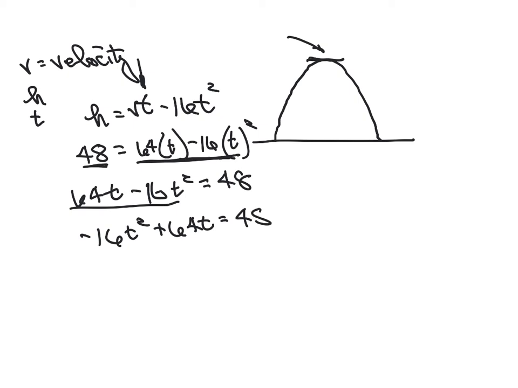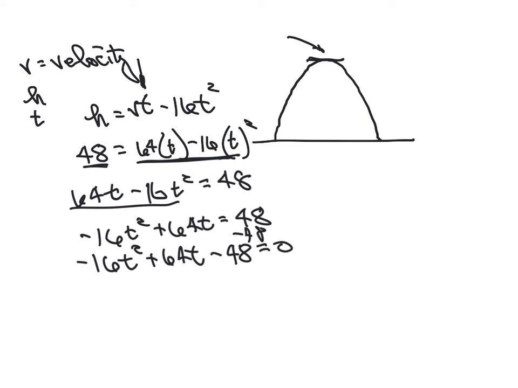Right now I'm not really doing anything except trying to make this easier for me. And then I'm going to subtract 48 from both sides so I can get everything on the same side of the equal sign, and I'm going to set it equal to 0.